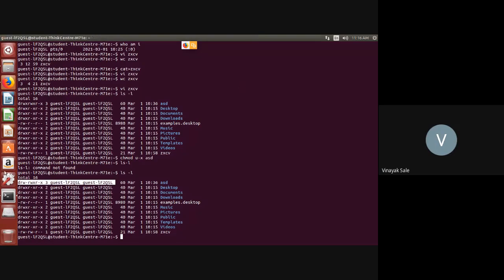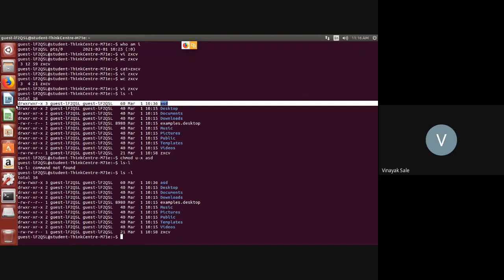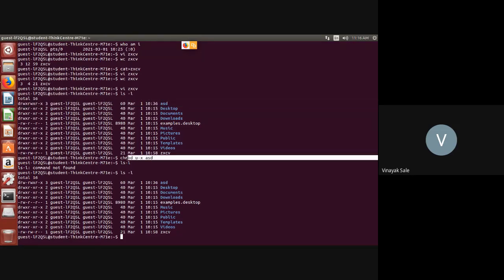See here, previously this file had permission as rwx. Whenever you write the command chmod, u for user, minus for remove, x for execute, you remove the execute permission from the user or owner of the file ASD.